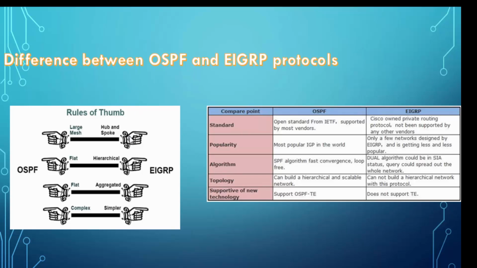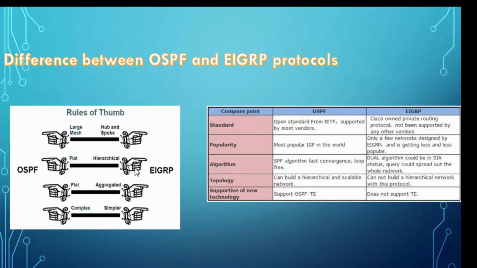EIGRP is a little bit better in a hub and spoke, one router that is sending information directly to two, three, four, whatever, any number of routers in the same direction, and it's going to be a clearer configuration. OSPF is said to be more flat, and EIGRP is said to be hierarchical.